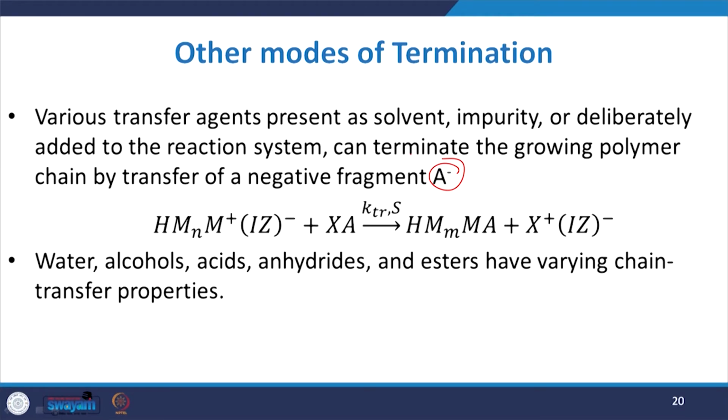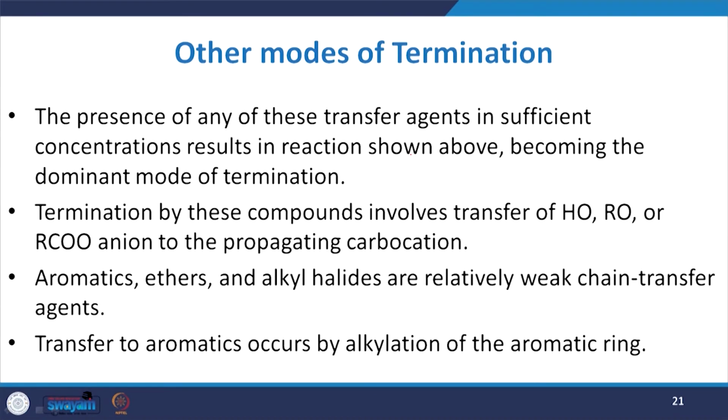Now, water, alcohol, acid, and sometimes anhydrides and esters have varying chain transfer properties. The presence of any of these transfer agents in sufficient concentration sometimes results in the reaction, which we showed in this slide, becoming the dominant mode of termination.